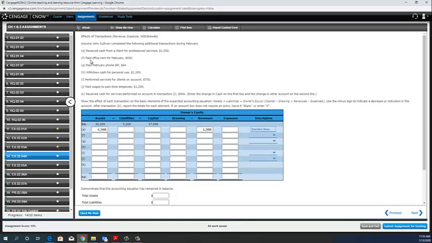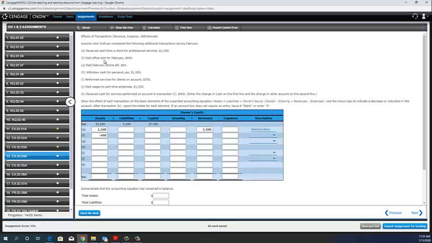Okay, in F, we paid office rent for February, $600. So when we're analyzing and picking out our two accounts that were affected, we paid. So if we've paid, that means cash has been affected. So we're going to go in under F and put a minus $600, because when you pay, your cash goes down. All right, office rent.